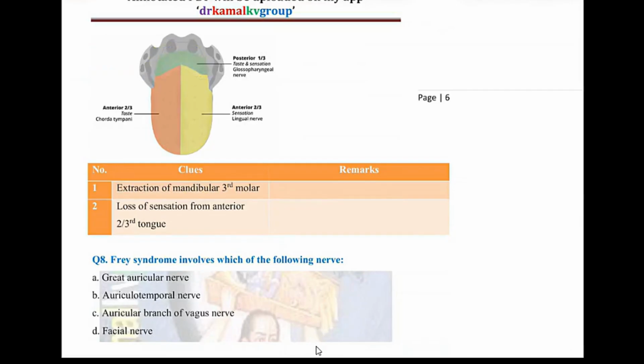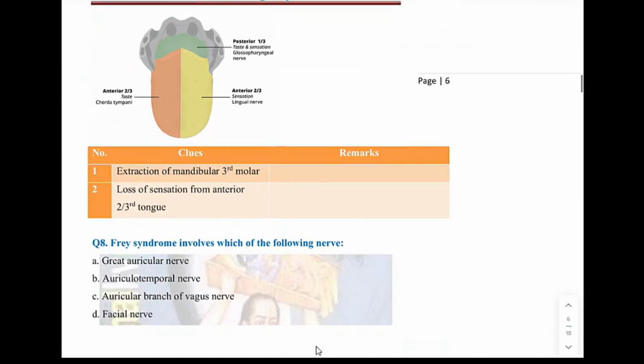So from the anterior two-thirds of the tongue, and if we divide like this, posterior one-third, and we can write the sensations like general sensations and taste sensations.